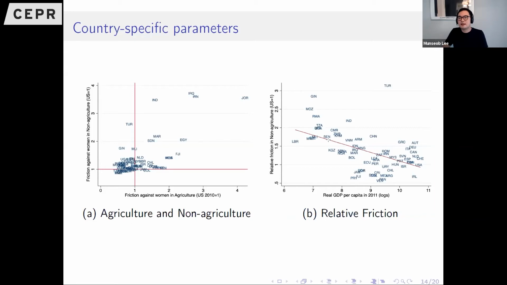So only very talented female workers are going to enter the non-agricultural sector, generating the agricultural productivity gap. And one exception is Turkey. I will show you the correlation of my measure with some perceptions I can observe from the World Value Survey. You will also see that Turkey is kind of the outlier in most of the figures.